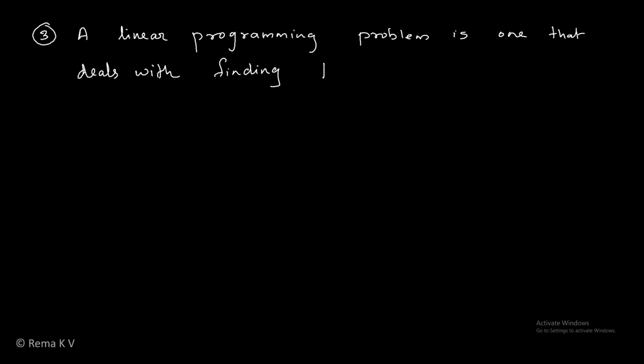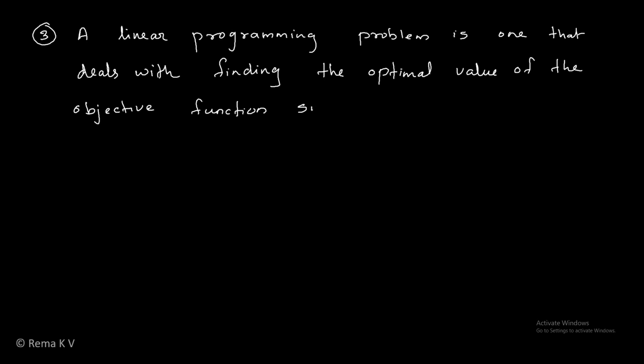A linear programming problem is one that deals with finding the optimal value of the objective function subject to the constraints, including the non-negative constraints.